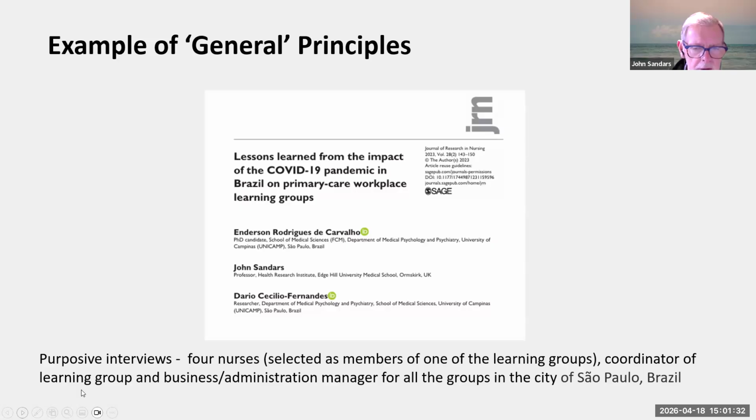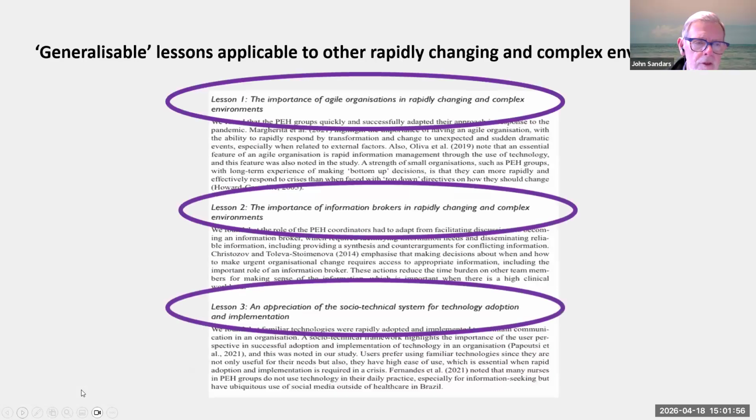So basically, primary care workplace learning group as a collection was a case study in Sao Paulo in Brazil. In this article, we described in great detail what it was and the particular groups. And then we had several groups within that we brought together. What we're able to do is to identify some generalizable lessons.